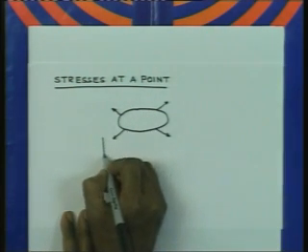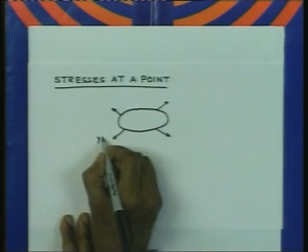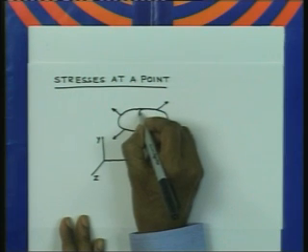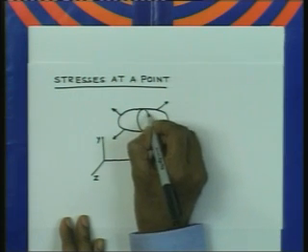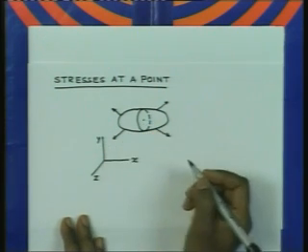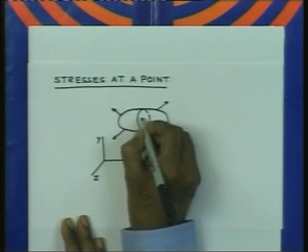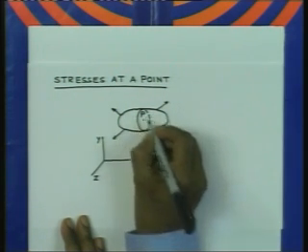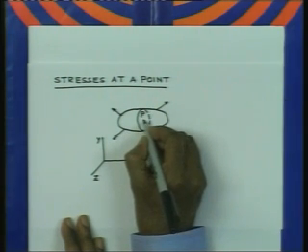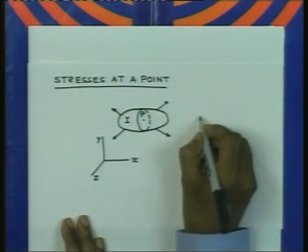So, we will have our Cartesian directions as before. We now consider a plane which divides this body into two parts, and this is the typical point we are concentrating on, point P. Now, if we consider this part 1, we will draw it separately.